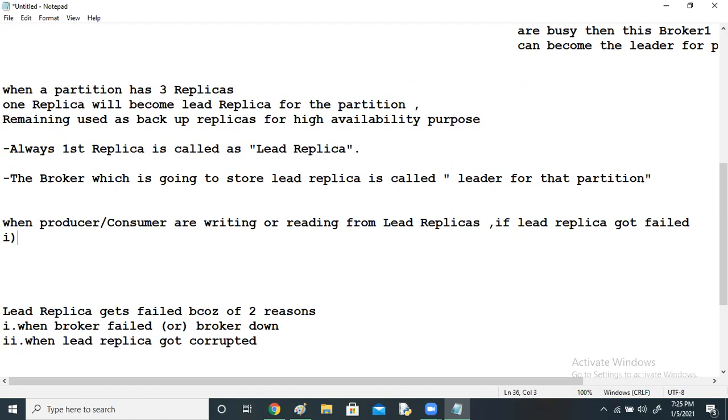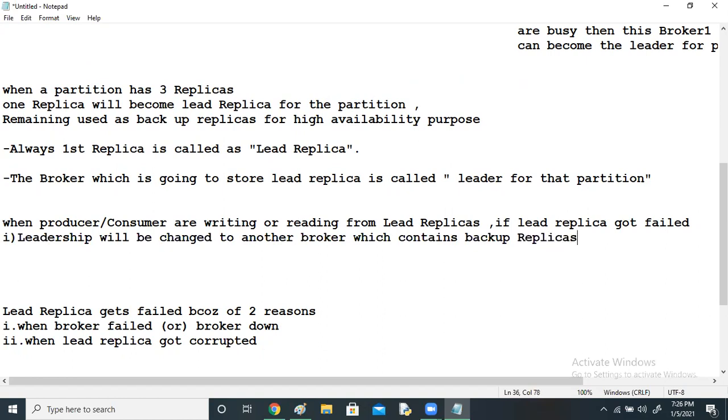Then what happens? Leadership will be changed to another broker, which contains the slave replicas or backup replicas of the current partition.